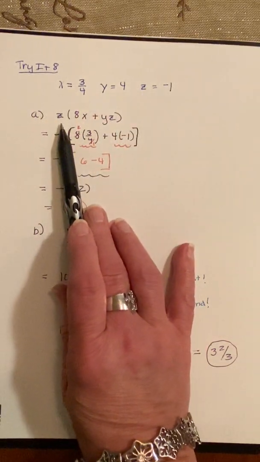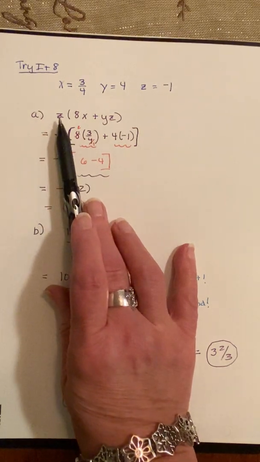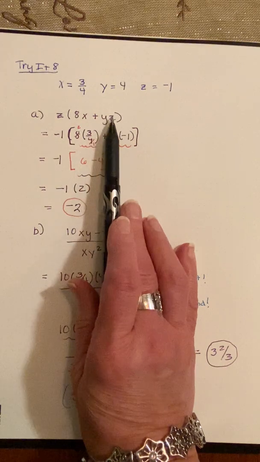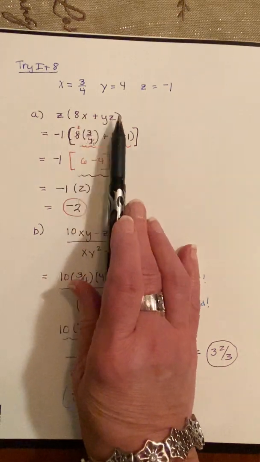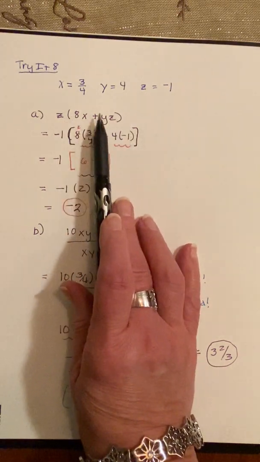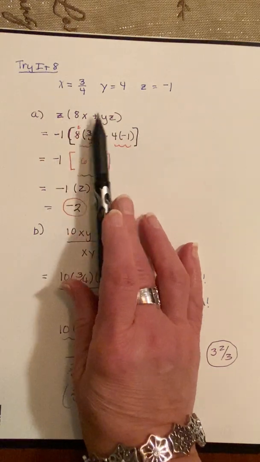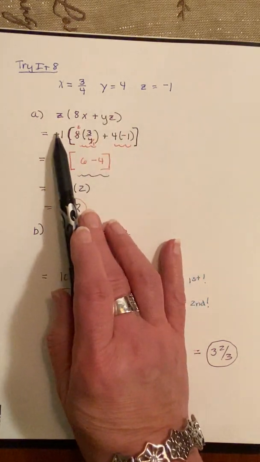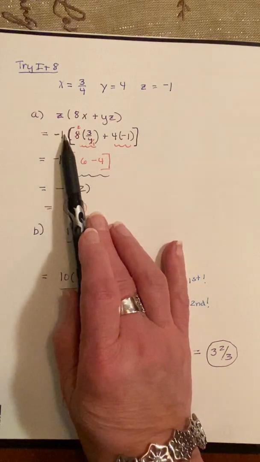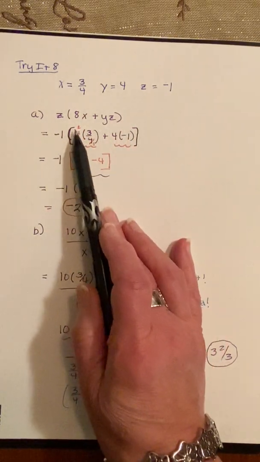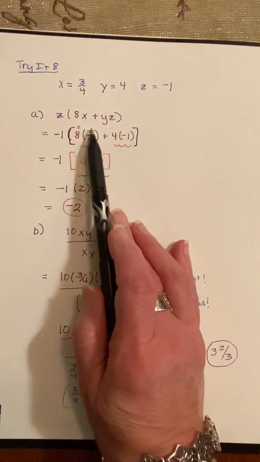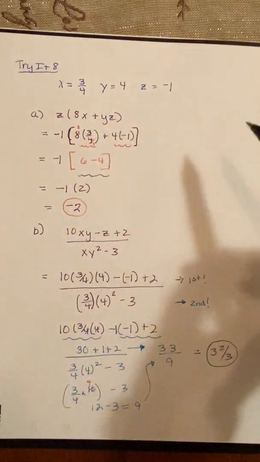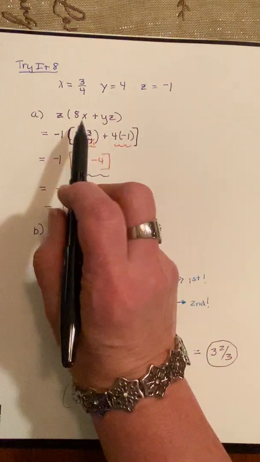Our first expression in A is z times 8x plus y times z. Now notice 8x plus y times z, which is yz, is within parentheses. So this has to happen first. So it's going to be negative 1, because that's what z is worth, times, and now I put them in brackets because I've got to start using parentheses for what I am substituting.